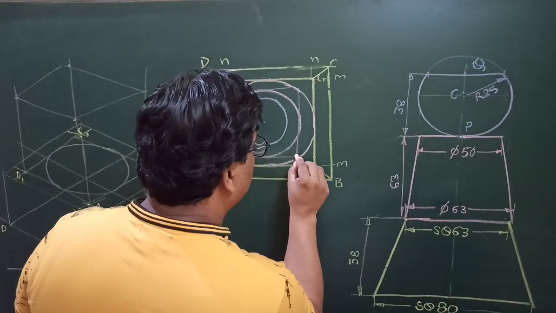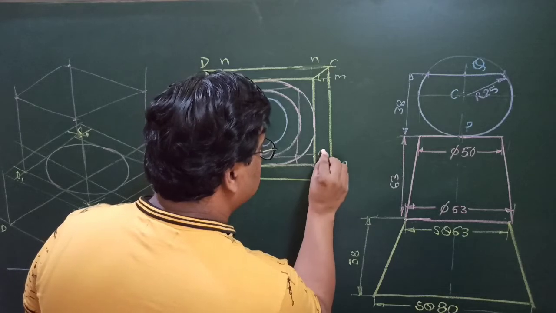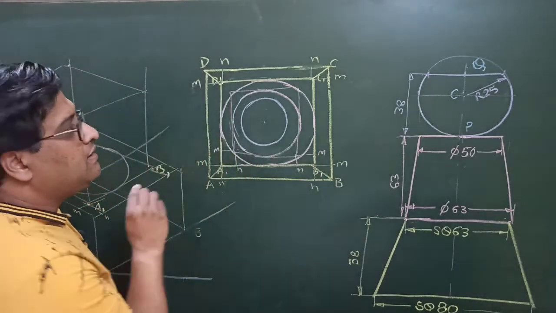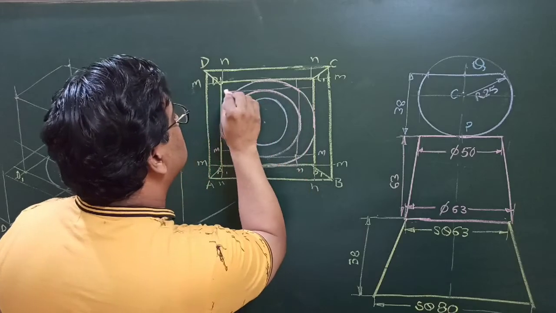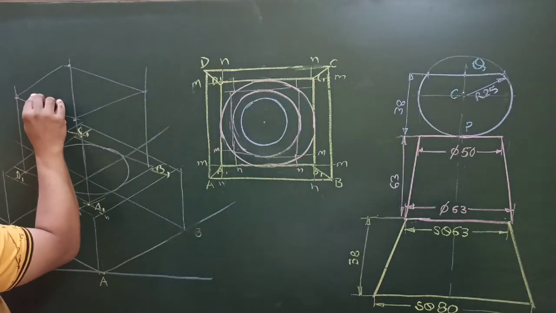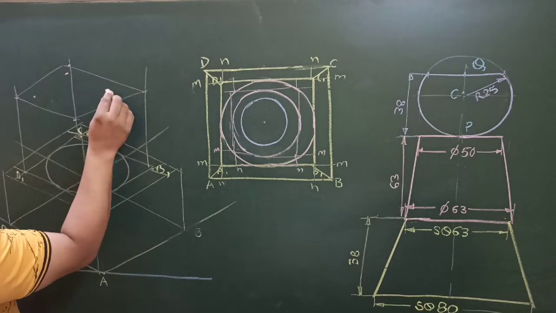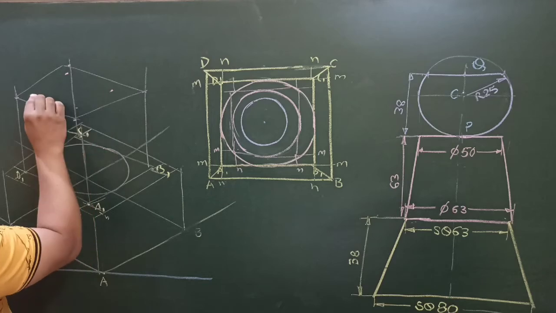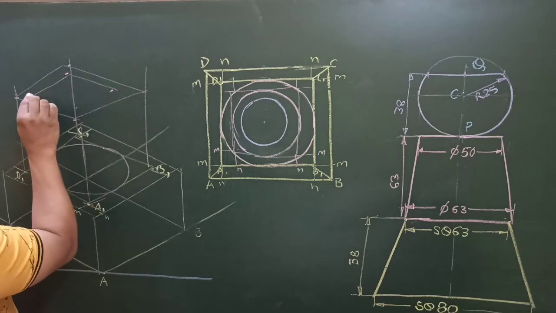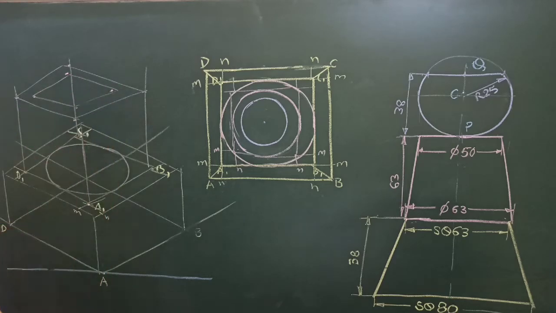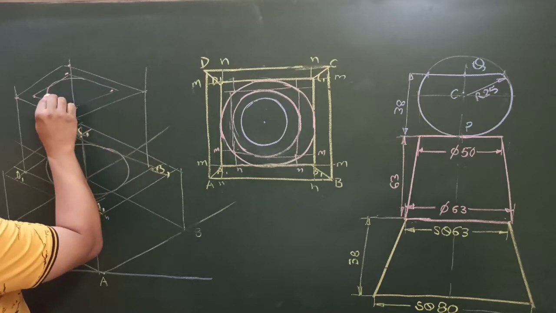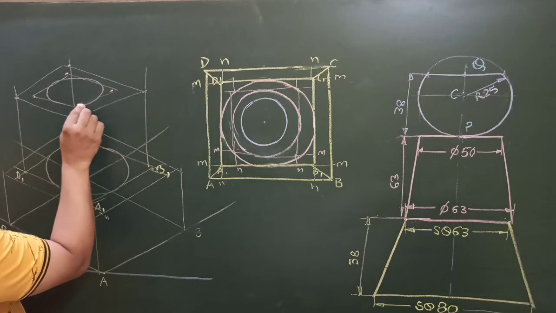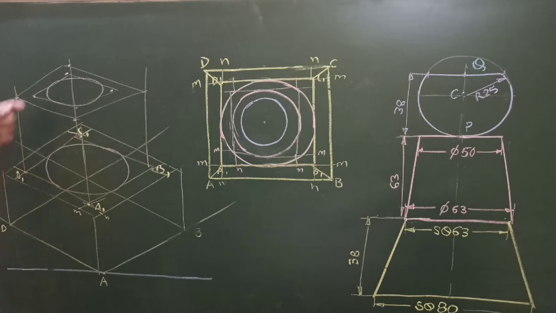So now again you can find out these four corners using the MN method. So we will be getting this and this, four-sided. Again draw another ellipse using the four centers method. Afterwards we will join them tangentially.